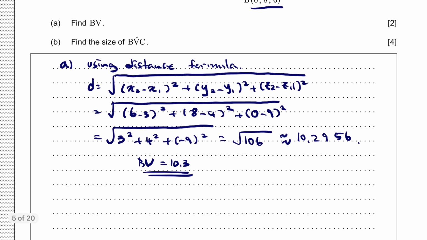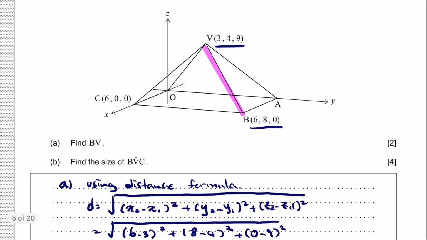Then question B, we need to find the size of the angle BVC. So we need to find the angle V, right? So when you look at this diagram, what we are trying to find is this angle here. We are trying to find this angle.